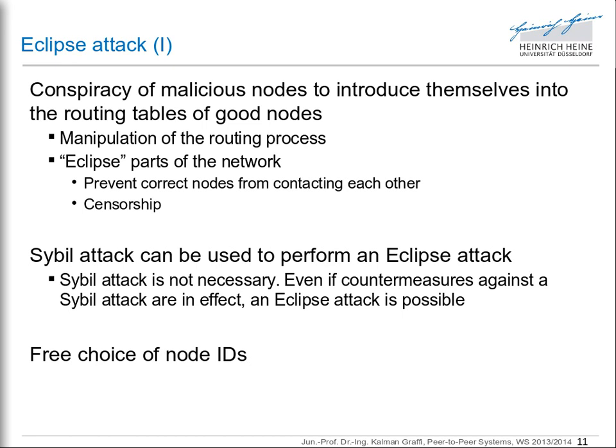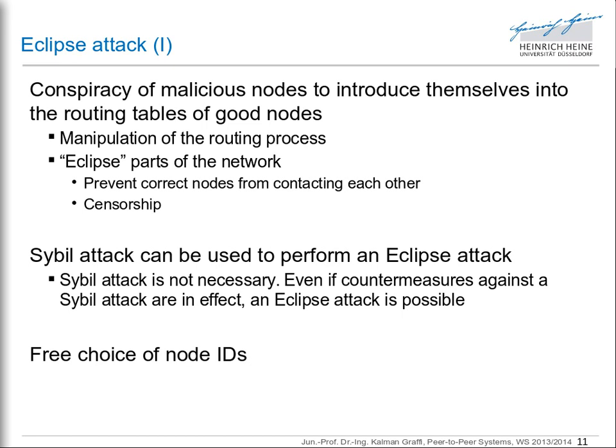So here we have another method to cause harm in the network. It's called the eclipse attack. Here some nodes get together to manipulate a node's routing table, thus eclipsing this node. Even parts of the network can be eclipsed, so honest nodes are prevented from contacting each other.